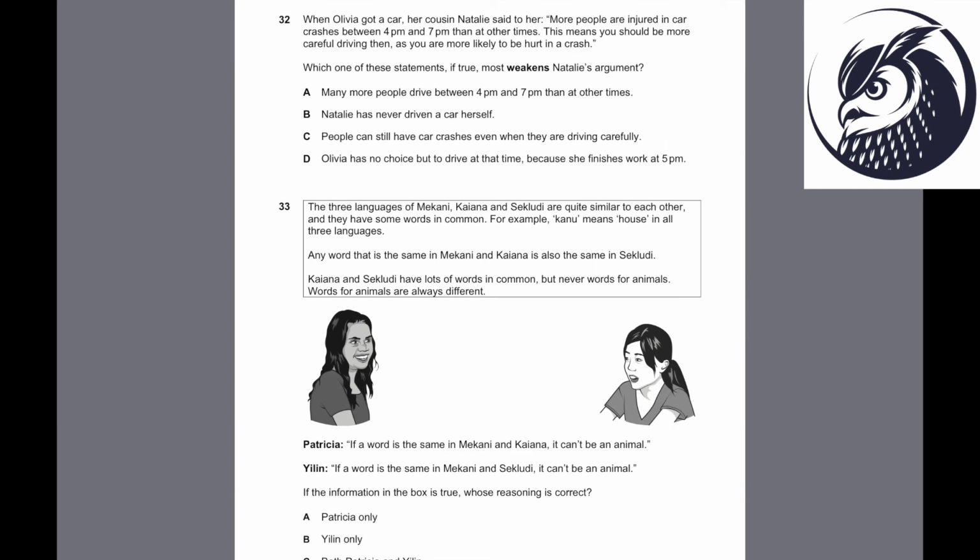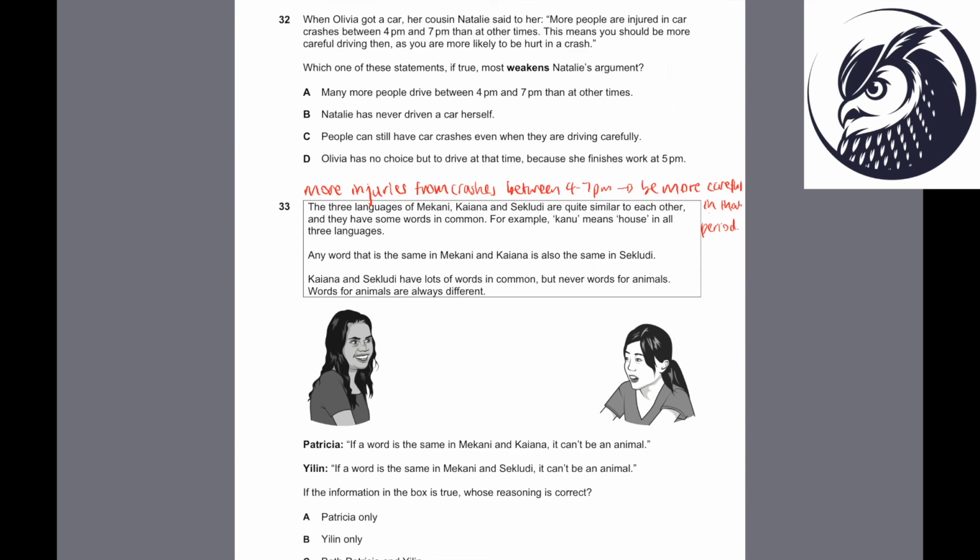Okay, so more injuries from crashes between 4 to 7 p.m. And because of that fact, she's now concluded you need to be more careful in that time period. Okay, now let's have a look at our answer options.